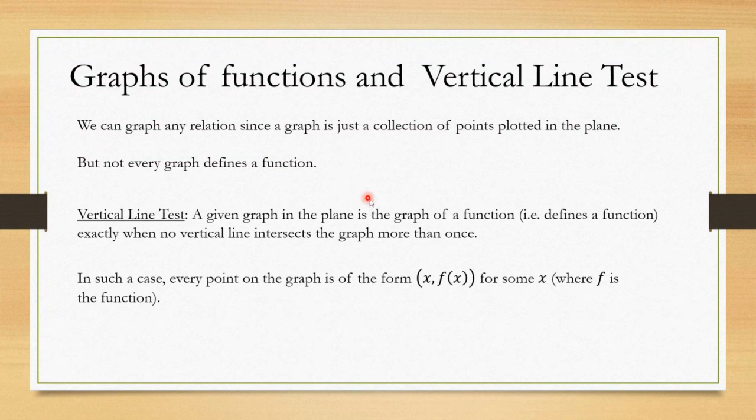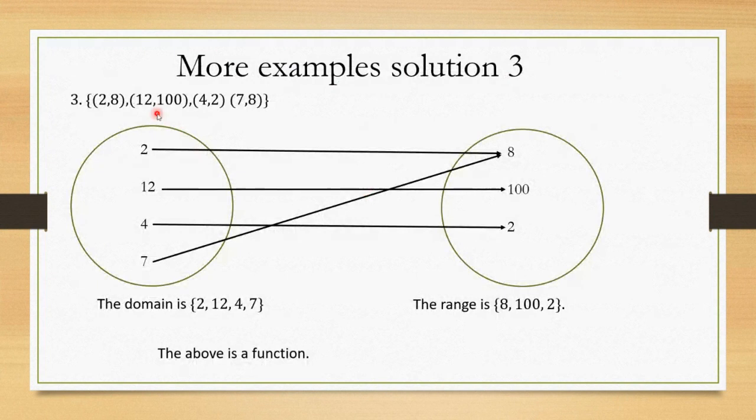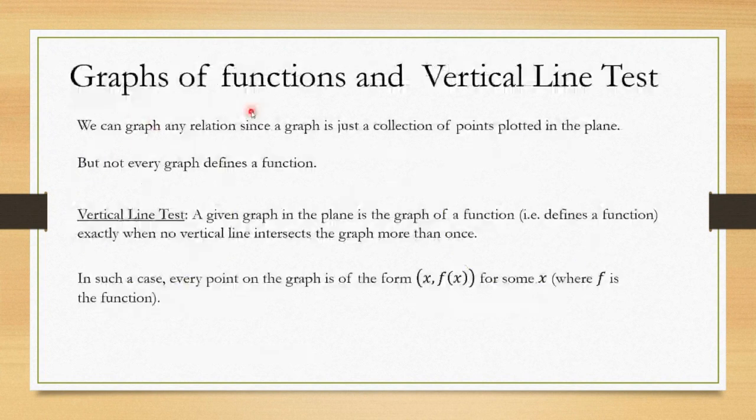I mean, really, if you think about it, what is a relation? A relation is just a collection, a set of ordered pairs. What is a graph? A graph is just a collection of ordered pairs, or points, in other words, plotted in the plane.